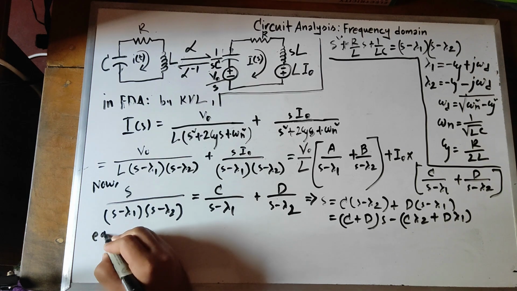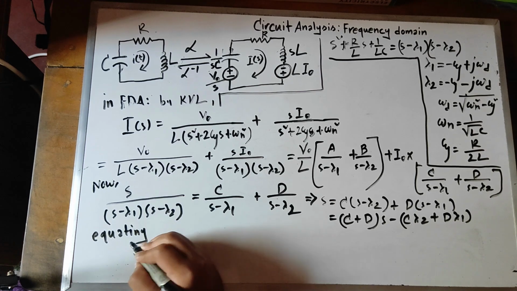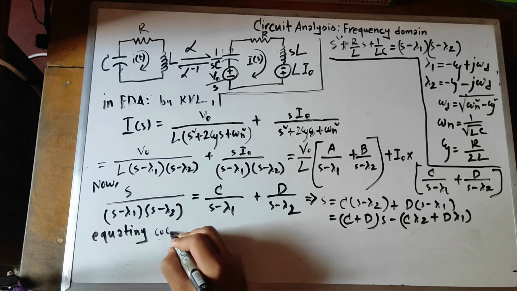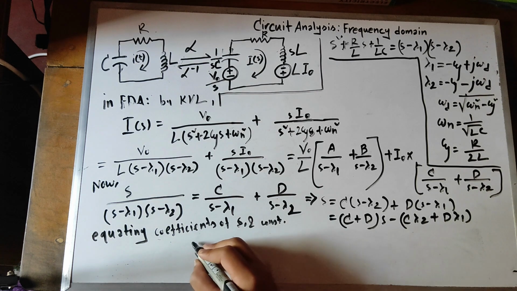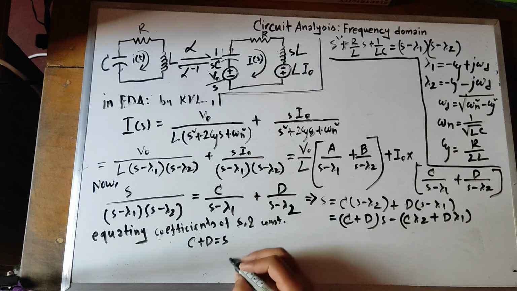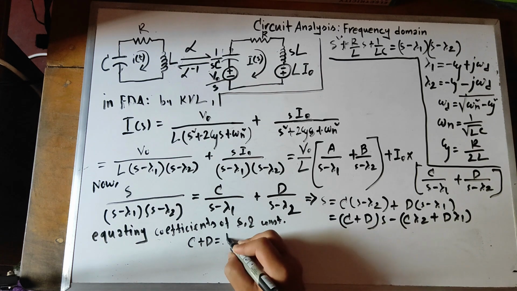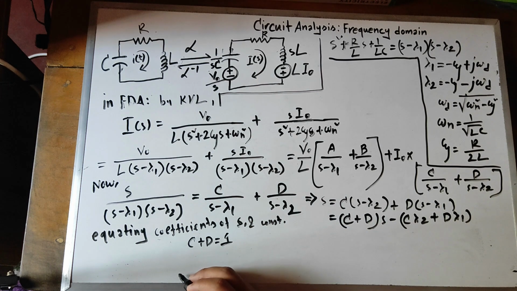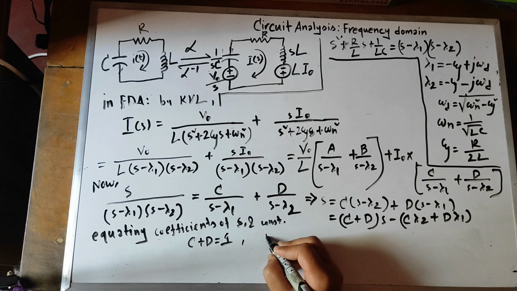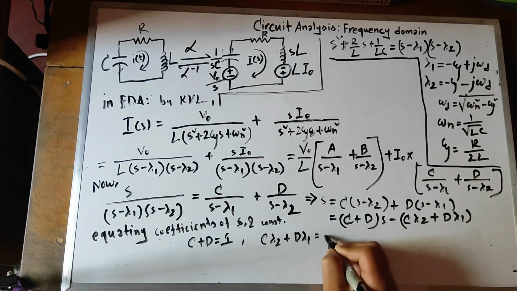Now equating the coefficients of s and the constant, C plus D equals 1, and C lambda 2 plus D lambda 1 equals 0.